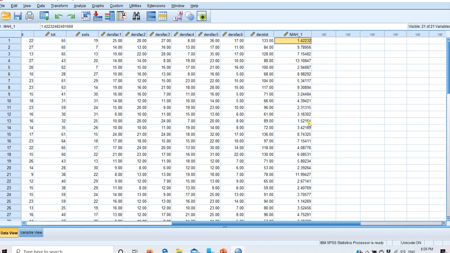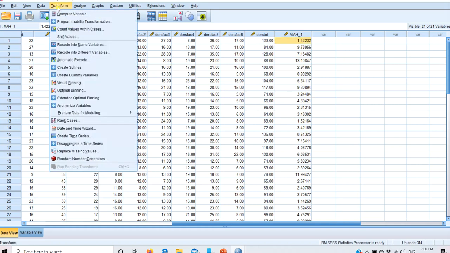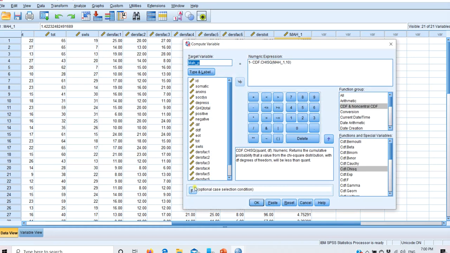but the decision of multivariate outlier will not be based on Mahalanobis distance. Rather, it is based on the probability of this. Since D square is like chi-square distribution, then we can compute the probability of each values. For this, we will go in transform and compute variable.